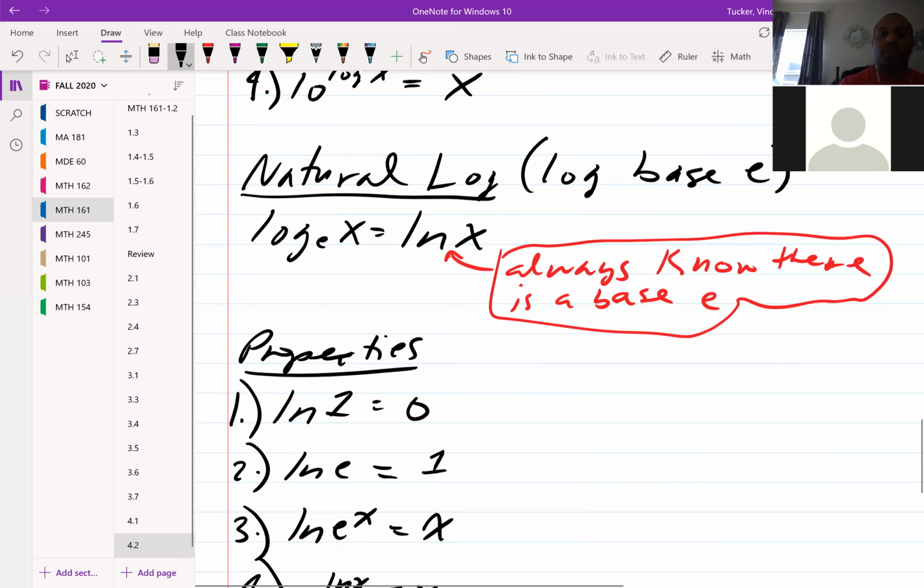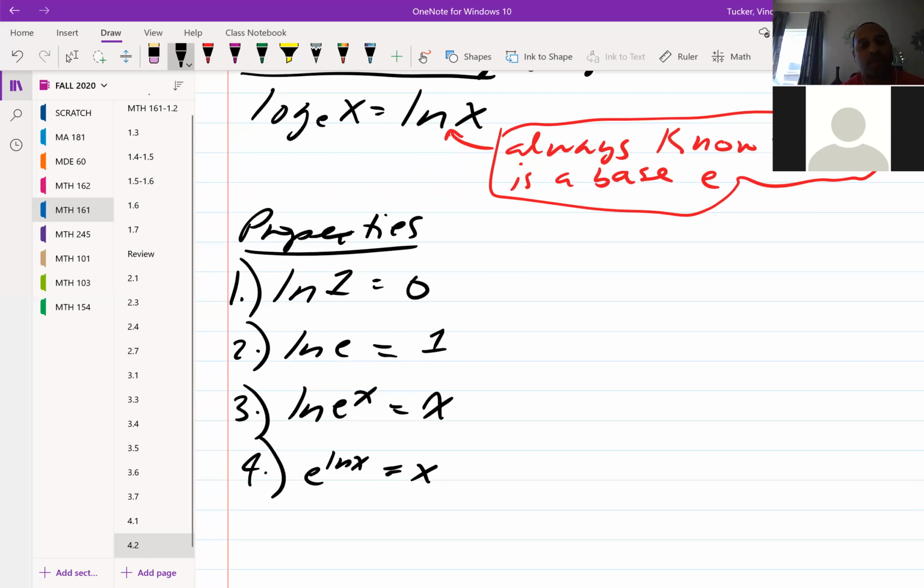So, same four properties, just with respect to the natural log. Natural log of 1 is 0, natural log of e is 1, natural log of e to the x is x, and then e to the natural log of x is x.